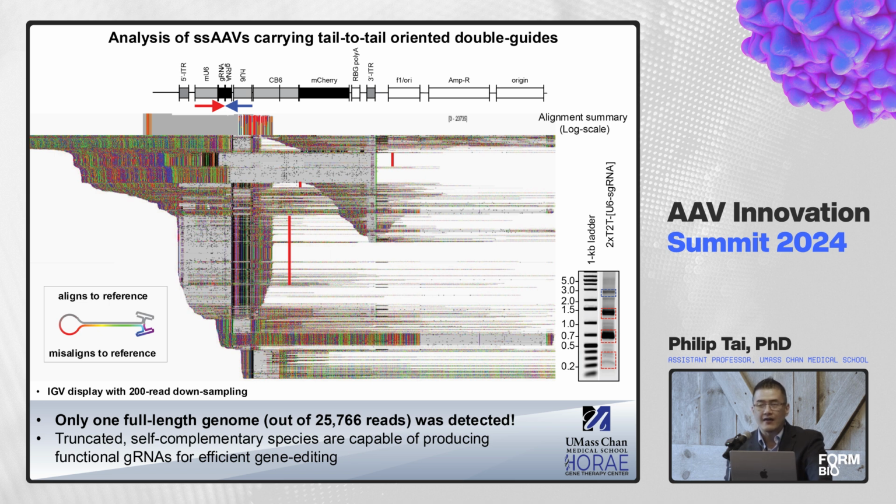So it turns out that due to the design, these vector genomes that were being packaged encompassed enough of the functional aspects of both the guide RNA cassettes, right? So that it functioned well, right?